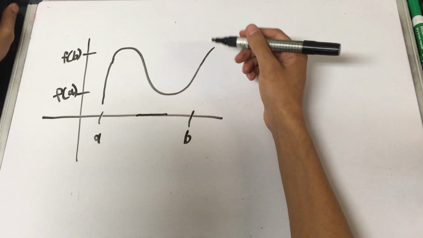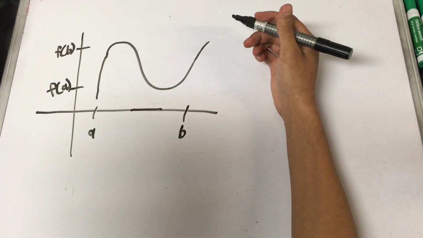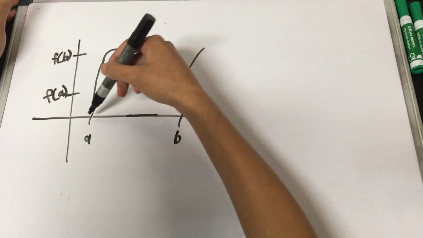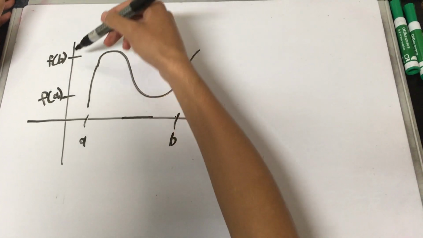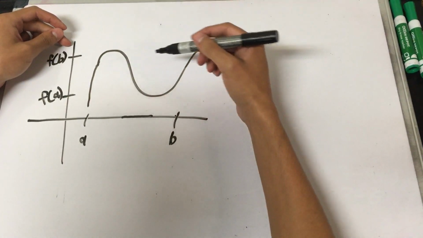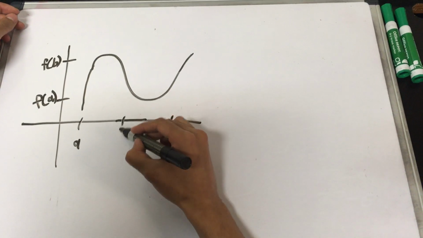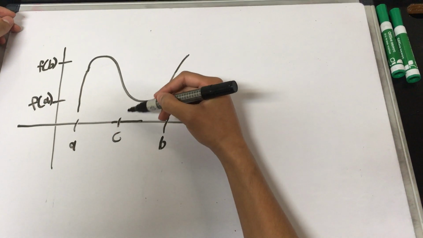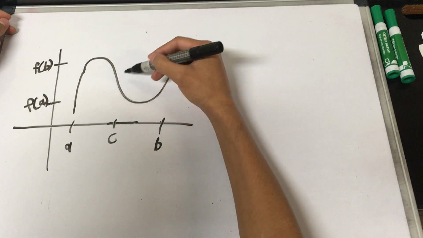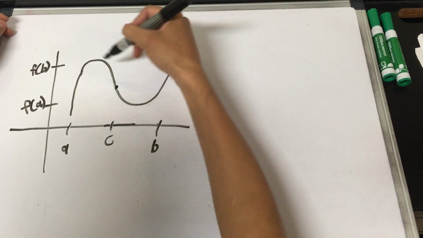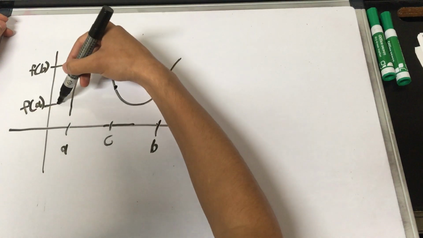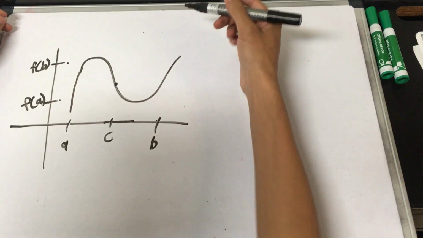If this function is continuous from a to b and f of a does not equal f of b, then it's guaranteeing us that there's going to be a c value where the function equals a number in between f of a and f of b.